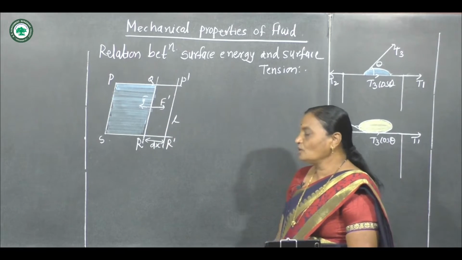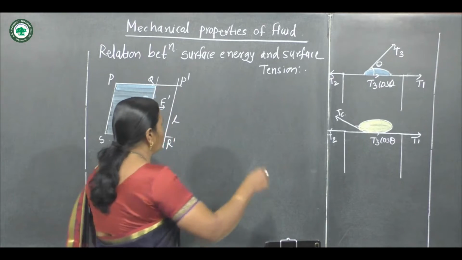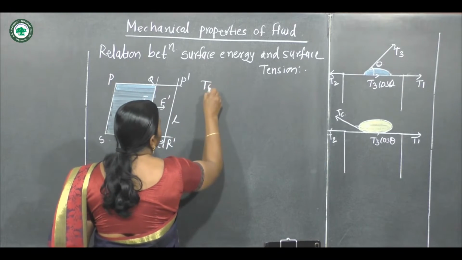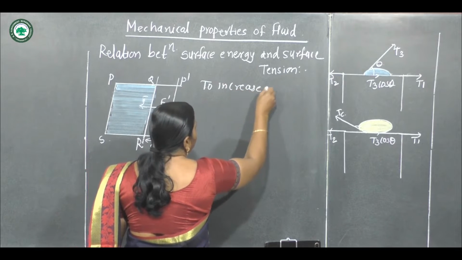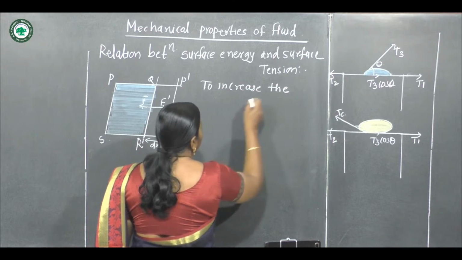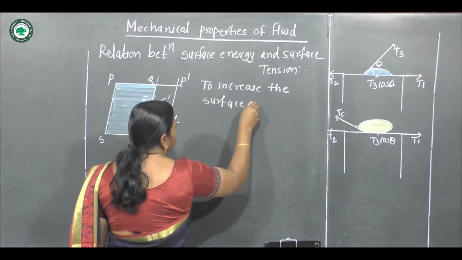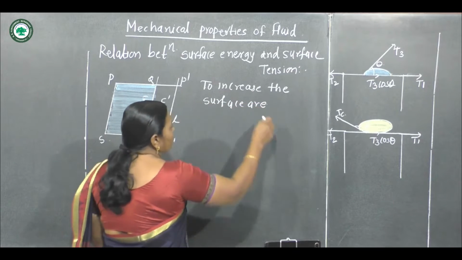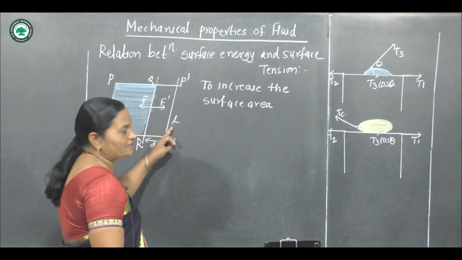Now we study how to increase the surface area. To increase the surface area, this QR moves towards right.